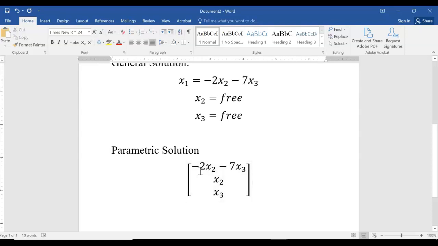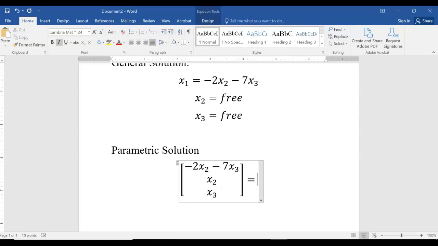Now, this is not the parametric solution. The parametric solution needs to look like variable times vector plus variable times vector plus variable times vector. Here we have 2 variables. So for each one of the free variables, we're going to create a vector.